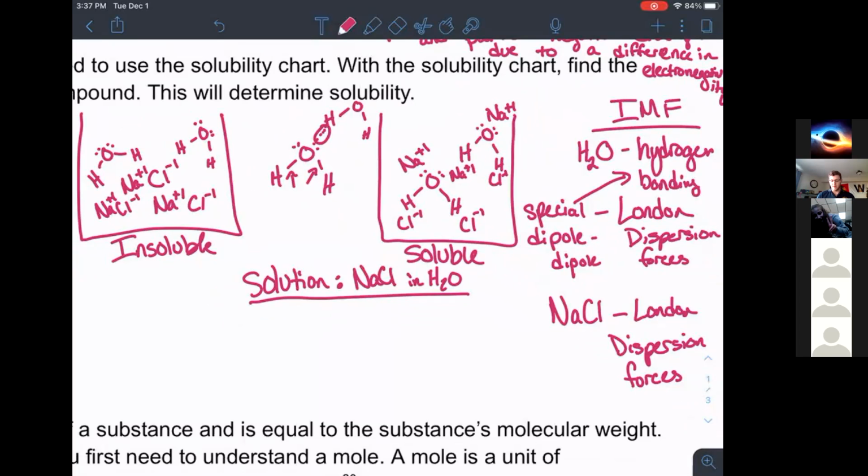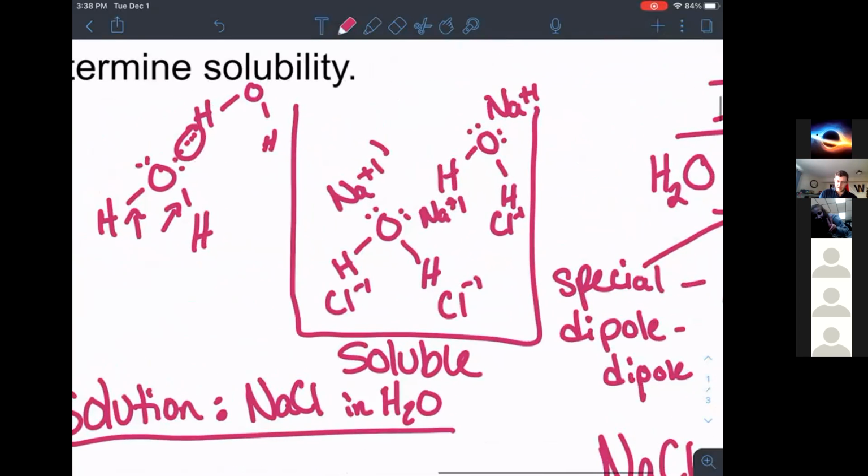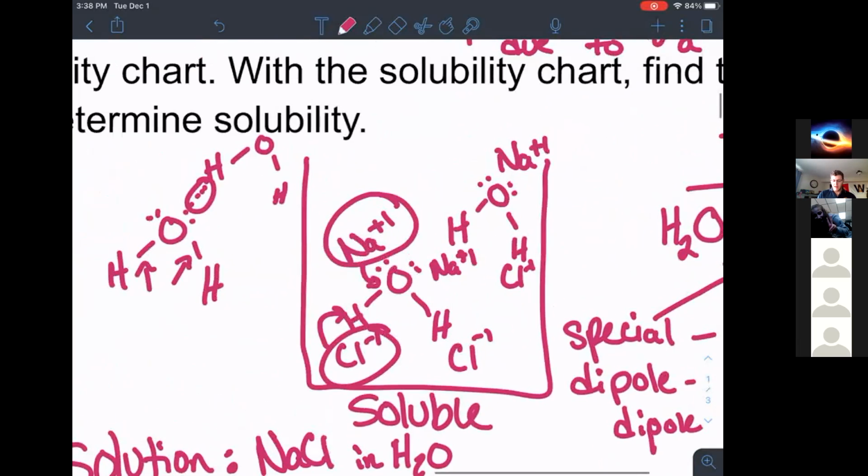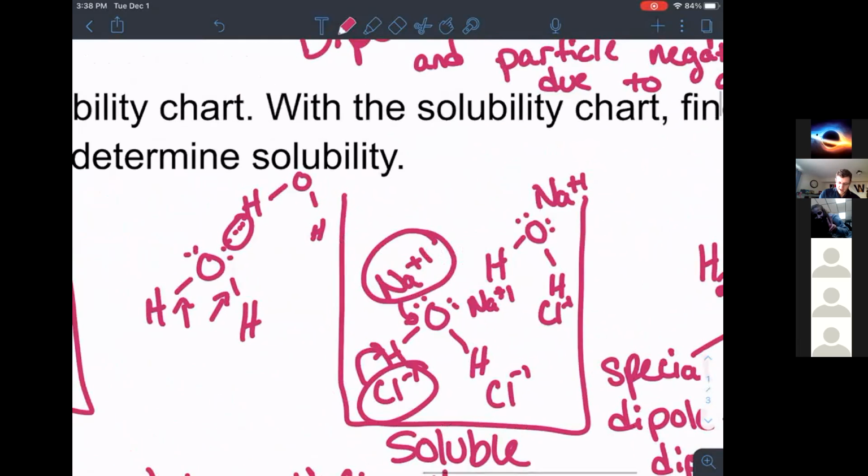Because it's soluble, we can see that the sodium, the positive ion, is near our oxygen, and the chlorines should be near our hydrogen. That's because when we make water, we have the partial positive over here by the hydrogens, and the partial negative is over here by our oxygen.